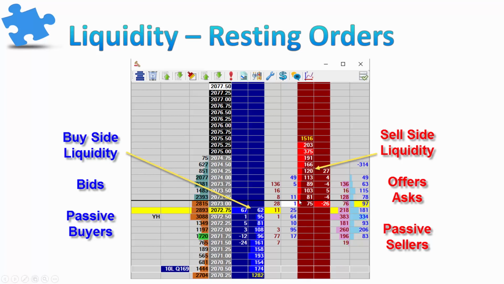That's how many contracts it took to eat through the ceilings, or eat through the offers. And that is really an indication of how much depth was actually real. If we look at the offer size here, you can see 75, 81, 103, 89, 113. But the actual traded size, 17, 95, 10, 64. So you can see the difference between the amount of depth advertised and the amount of depth that it actually took to trade through that level.